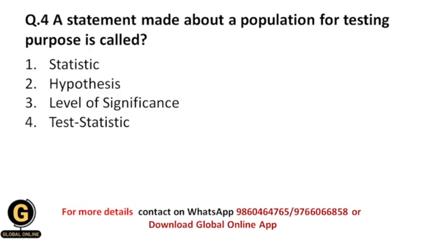A statement made about a population for testing purpose is called. Okay, so whenever we make a statement about a population for testing purpose, then that statement is called as what? Whether it is called statistic, hypothesis, level of significance, or test statistic.